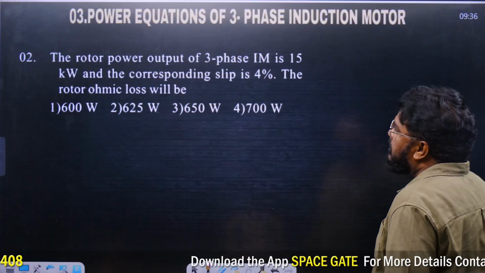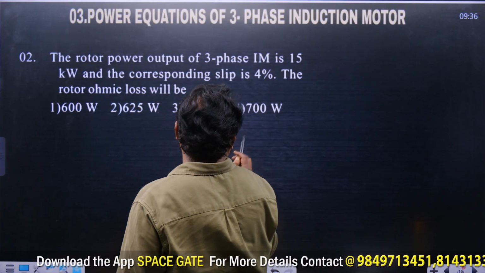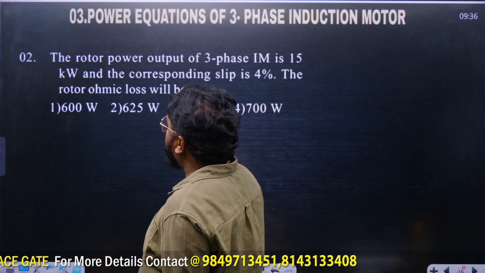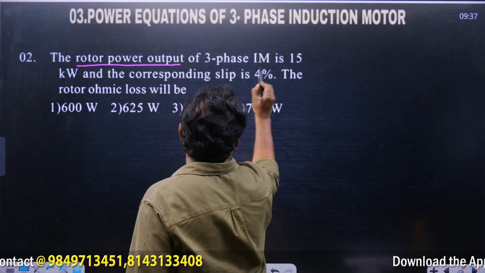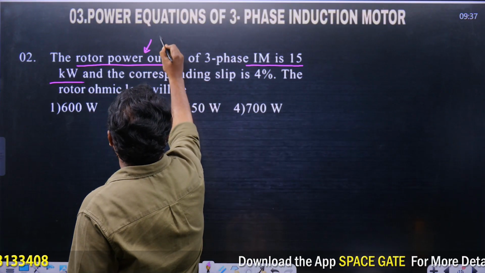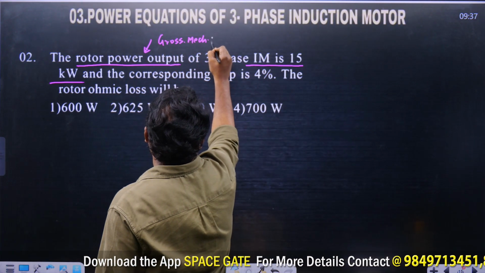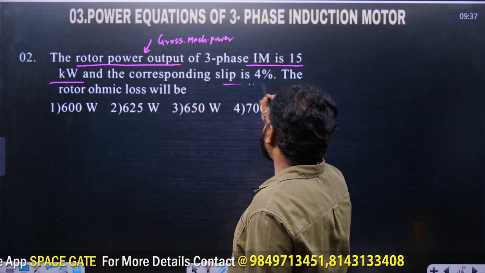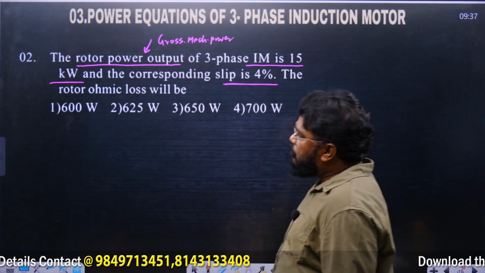And next let us solve question number 2. The rotor power output of the 3-phase induction motor is 15 kilowatts. The rotor power output is nothing but the gross mechanical power output of the motor, and the corresponding slip is 4%.